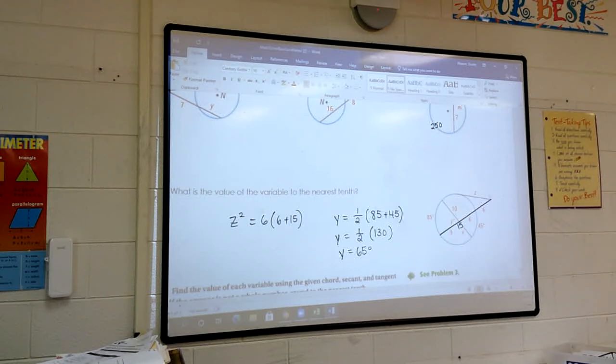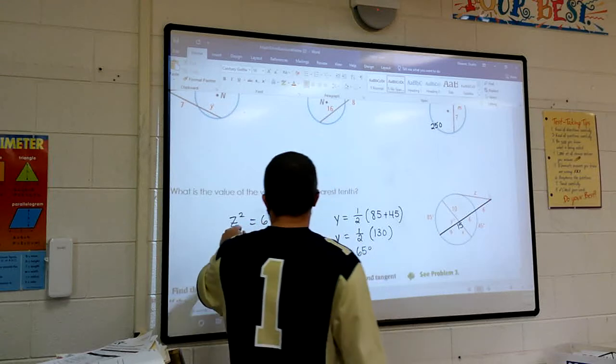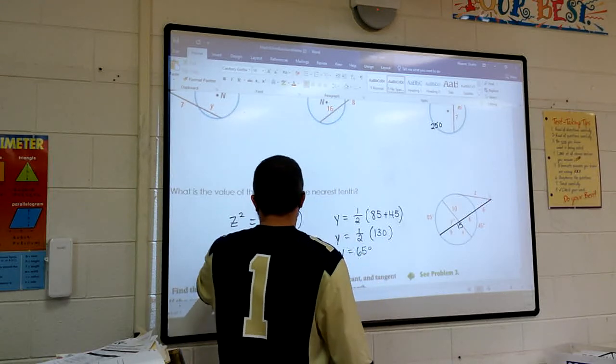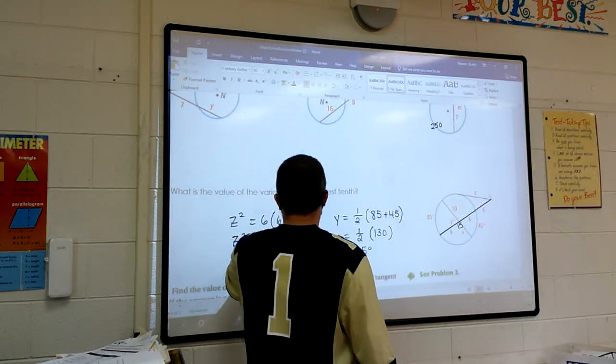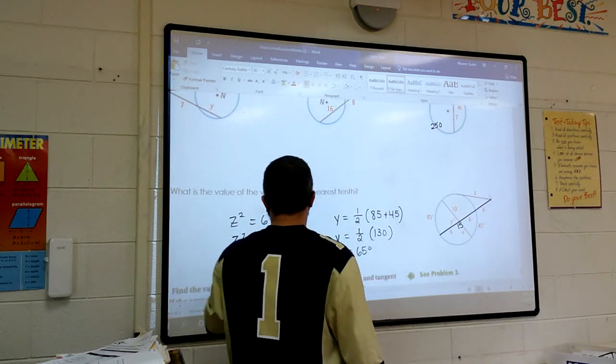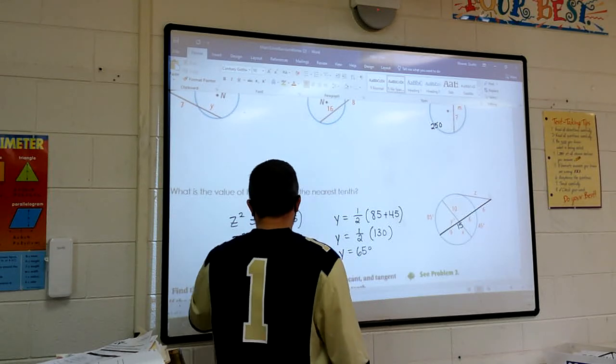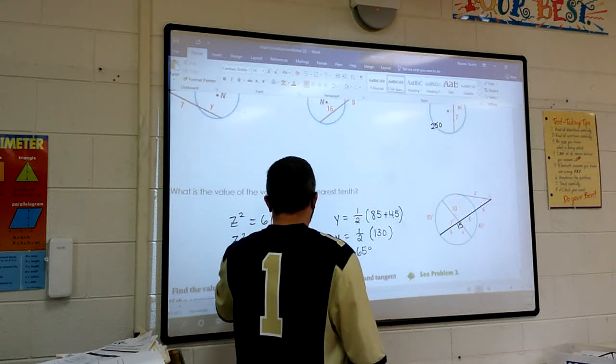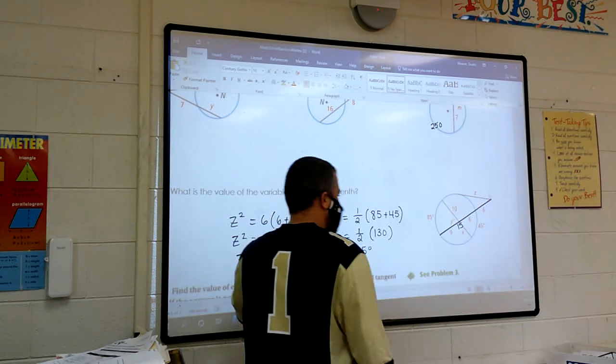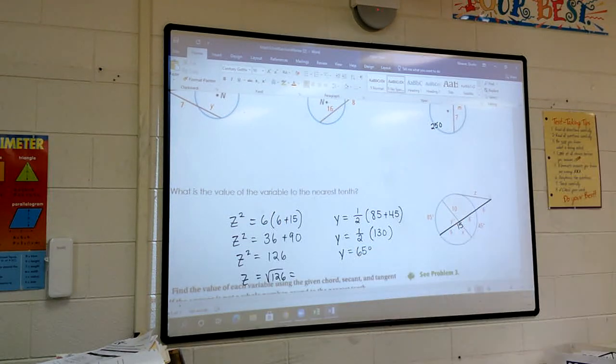So, we're going to distribute the 6. So 6 times 6 is 36. And 6 times 15 is 90. So we get z squared equals 126. And when we take the square root of 126, we will not get a whole number.